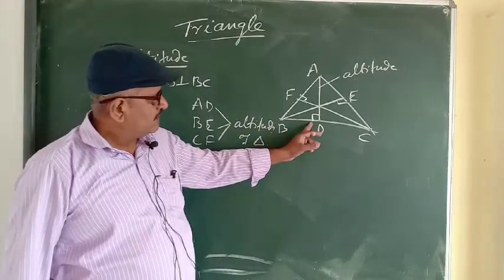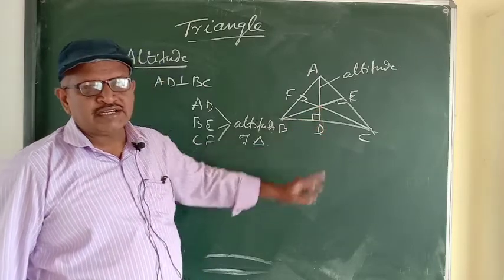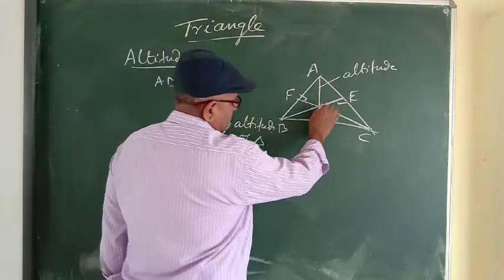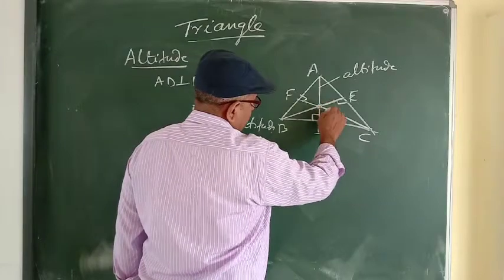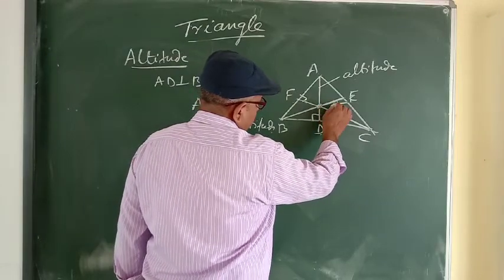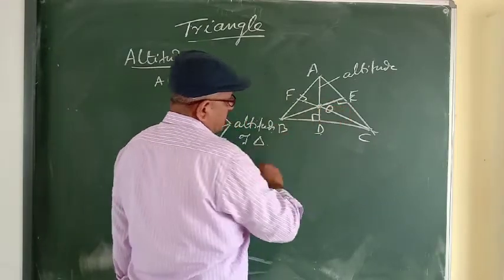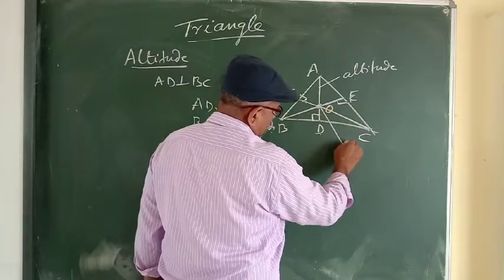Again we see that these three altitudes intersect at one point. These three intersect at one point, and suppose this point is O. It is called orthocenter.